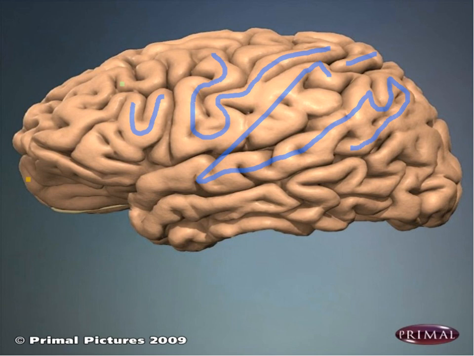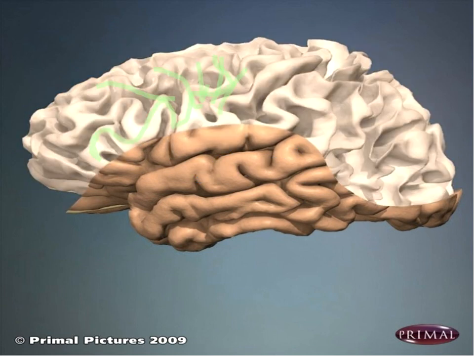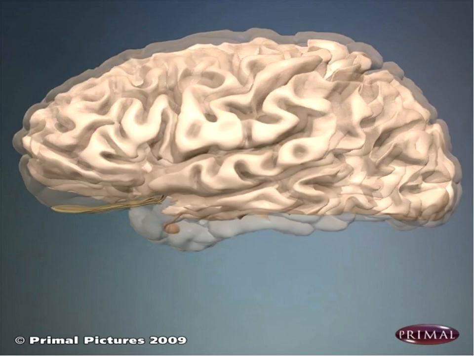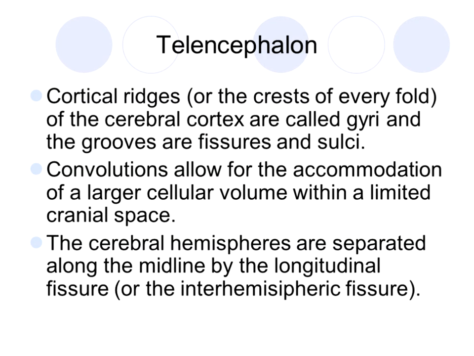But if we want to think of convolutions, those things right there in green, those are your sulcus. That's a sulcus or sulci if we're looking at the indentations. Okay, so the raises are gyrus, and the indentations are sulcus, or sulci if we're talking about more than one.